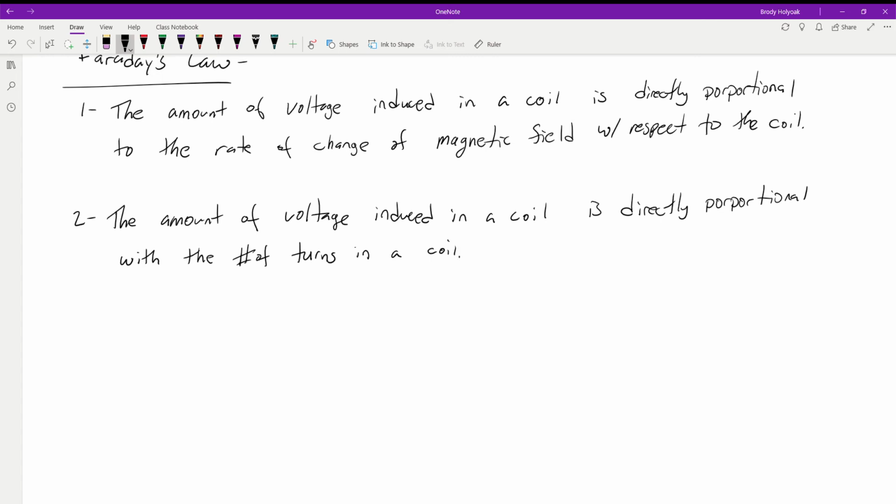Which basically means the more turns you have in your inductor, the higher the voltage you're going to get. That's why we're going to see, based on the series or parallel properties, these changes in how our inductance adds or subtracts.